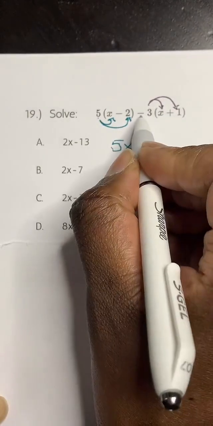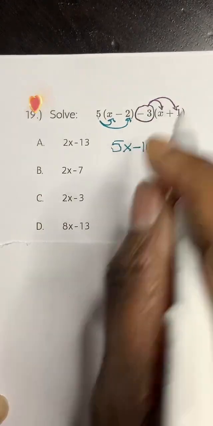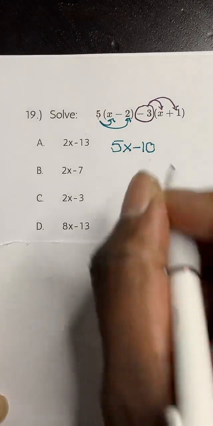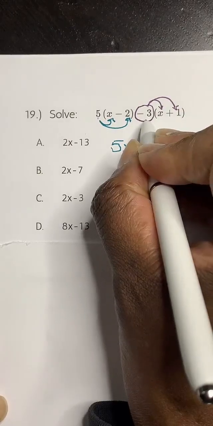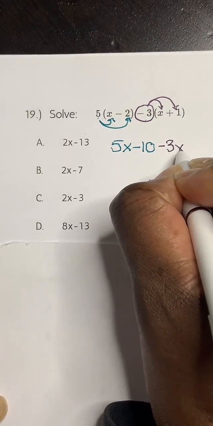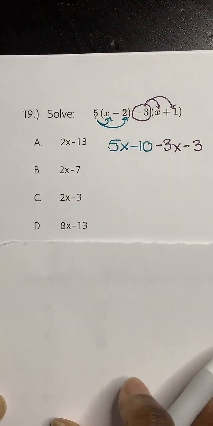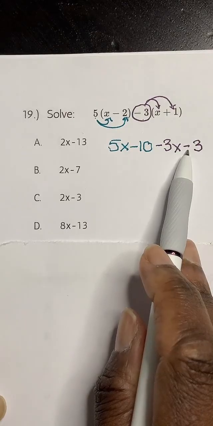No, this minus sign is acting as a negative. So we're going to distribute that negative 3 to everything inside the parenthesis. So this will be a negative 3x. And negative 3 times 1 will give me a negative 3. Remember, when you're multiplying and the signs are opposite, your answer is always going to be negative.